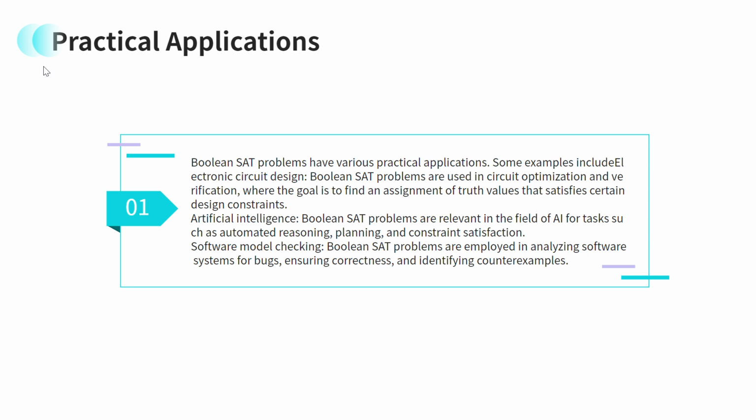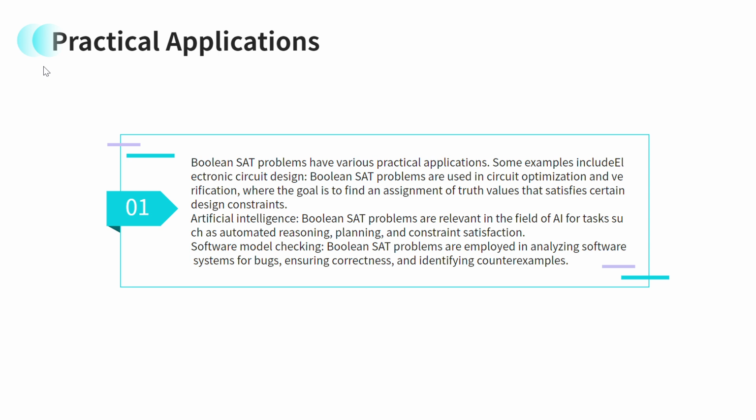Coming to practical applications, Boolean SAT problems have various practical applications. Some examples include electronic circuit design. Boolean SAT problems are used in circuit optimization and verification, where the goal is to find an assignment of truth values that satisfy certain design constraints.